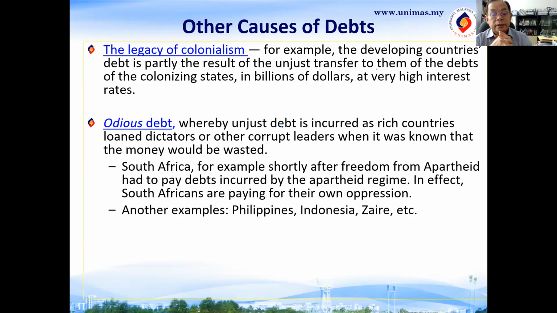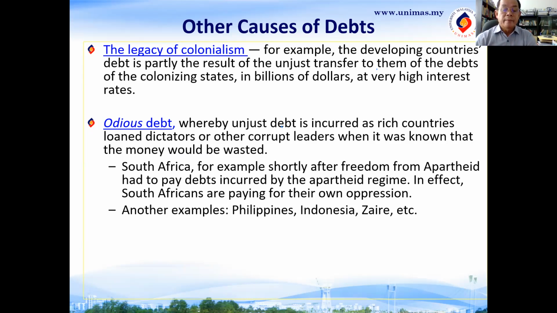Unfortunately, because of bad and unjust leadership, some of that money ended up in the personal accounts of the president and his family members in Swiss banks. The same happened under President Suharto in Indonesia, and also in Zaire.